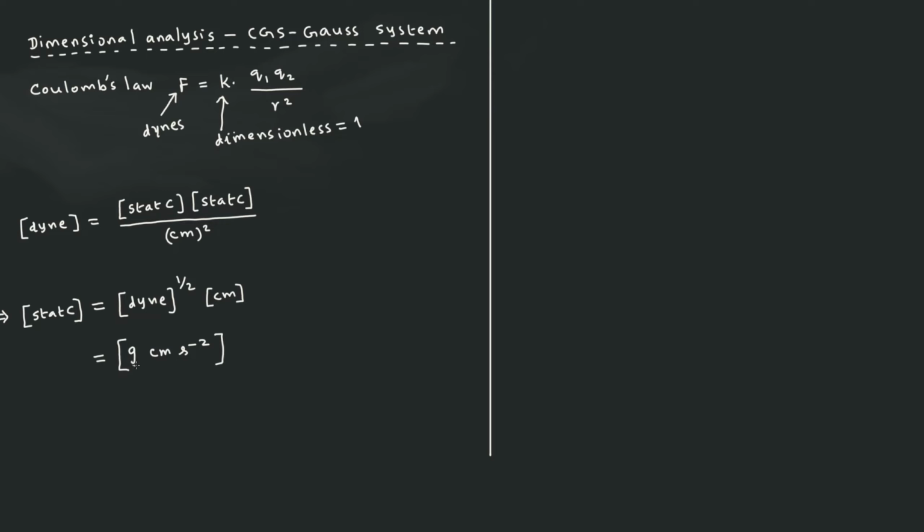Dyne means 1 gram of the material should be accelerated by 1 centimeter per second square. If that happens, that means you are actually applying 1 dyne of force. So based on that definition, we are writing it here. And then you have it to the power 1 by 2, and then you have a centimeter here. Of course, this is a small c. If you're not clear about it, we can write it down in small. This c should be a small letter.